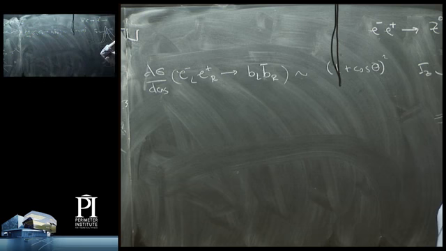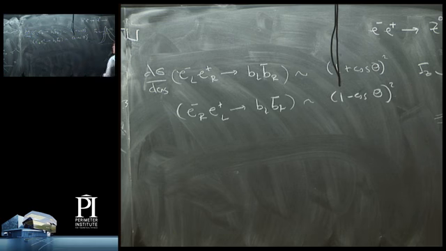So it's extremely peaked in the forward direction. When you have right-handed electrons going to left-handed quarks, this distribution is 1 minus cosine theta squared. So this distribution is extremely peaked in the backward direction, again for angular momentum reasons.